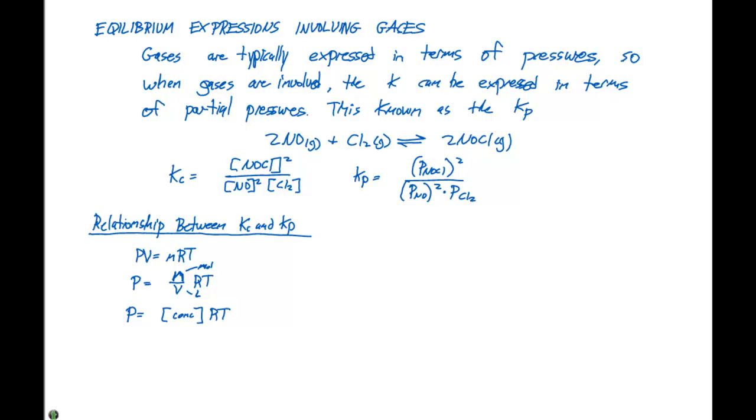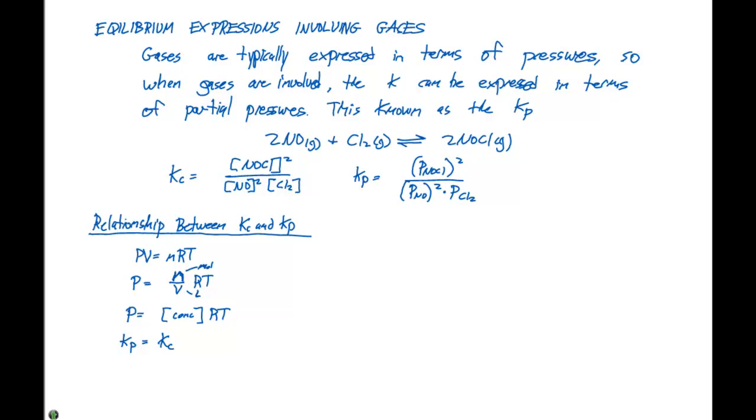Okay? We can express Kp in terms of partial pressures, so this can be written as Kp. We can express Kc in terms of concentration, so this will be Kc.